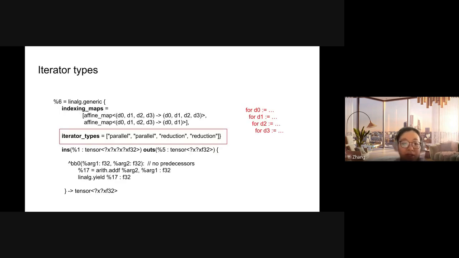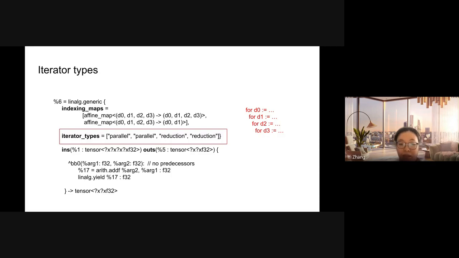The first and most straightforward one is the iterator types. There's one iterator type for each nested loop, and it describes what kind of iteration the loop is. Currently, I think we only support reduction and parallel loops.